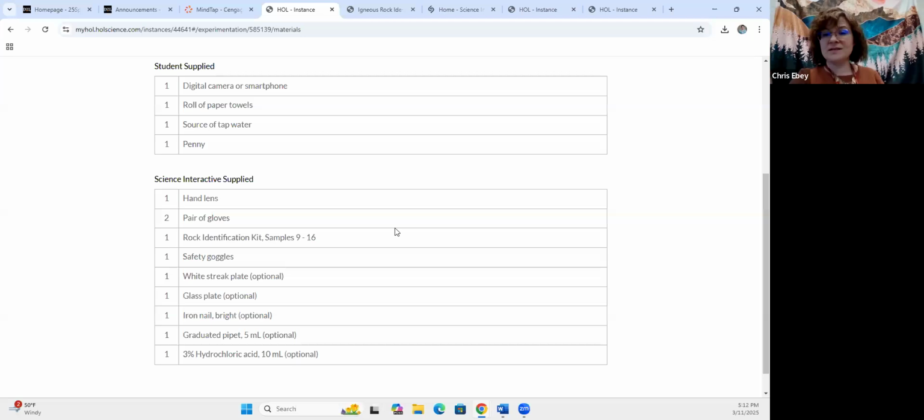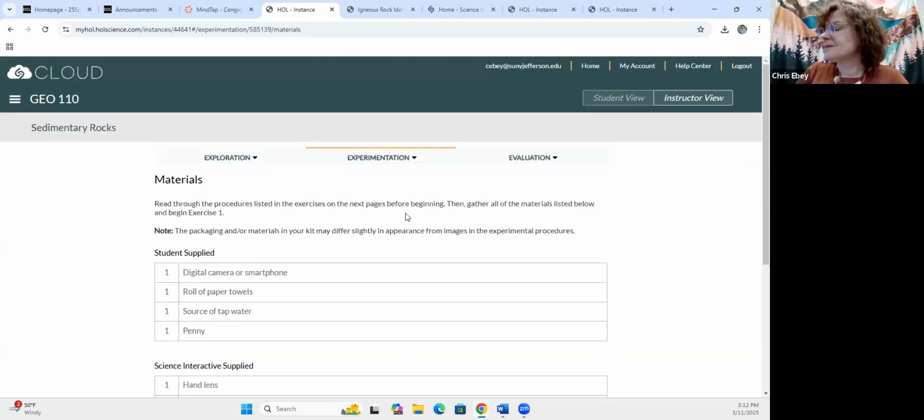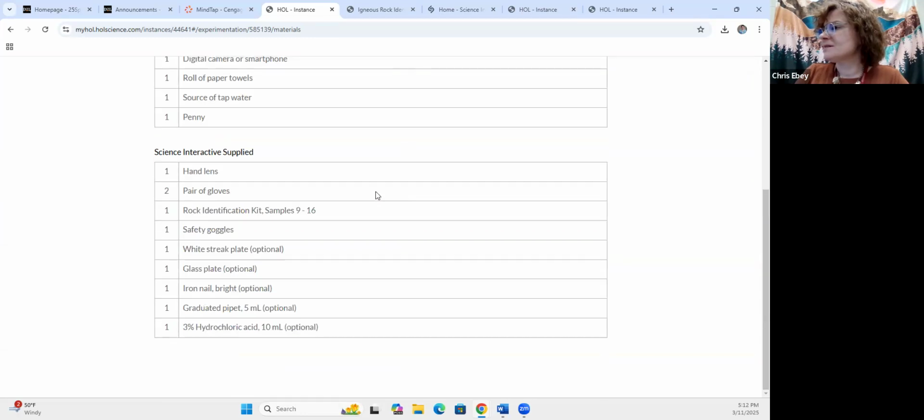And you'll definitely need this little bottle of acid for the sedimentary because a big question is, does it contain calcite? So here are your materials, safety goggles. The safety goggles are for the glass, for the acid. Really, with the acid, in my classroom, I don't make people wear goggles with this acid because it's very, very weak.